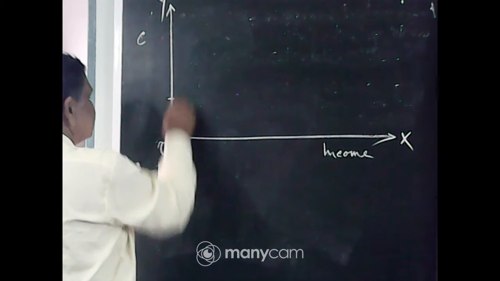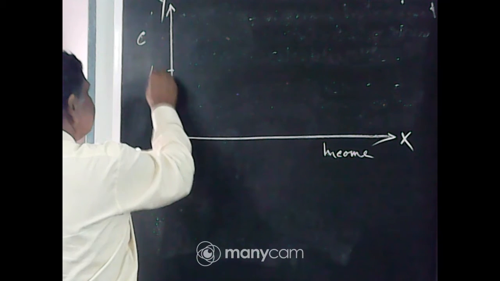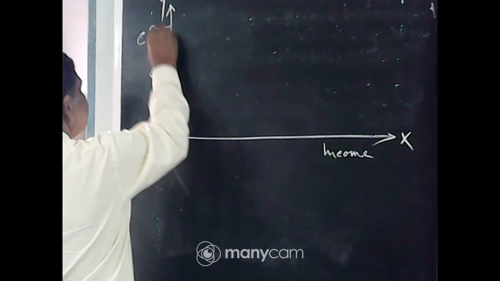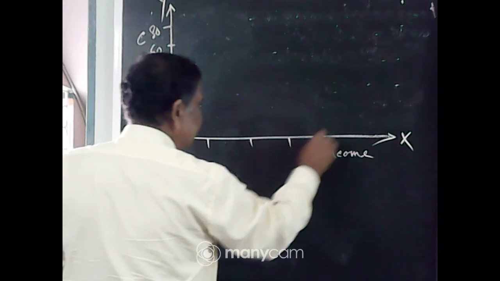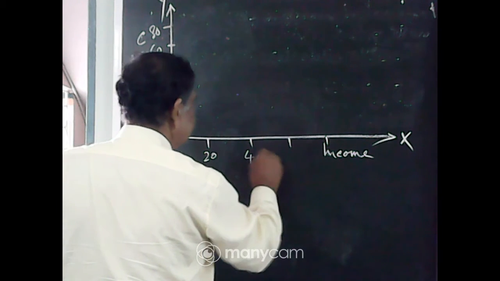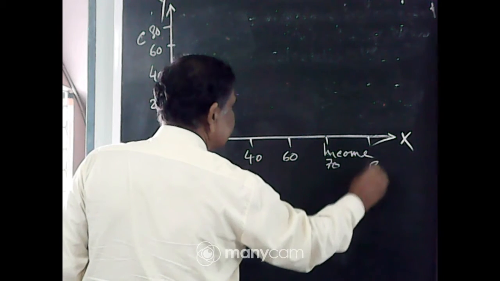Suppose it is 20, suppose it is 40, 60, 80, this is the consumption level, this is the income level. Suppose this is 20, this is 40, this is 60, this is 70, this is 80.